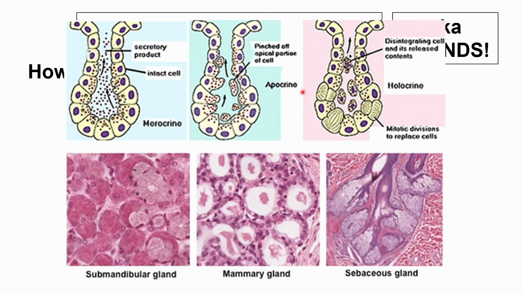While in the apocrine gland, the apical part, the top part of your cell, nearest the lumen, is secreted off together with the secretion. So for apocrine type of glands, you would tend to see pinched off structures. An example of this would be your mammary gland and some apocrine type of secretory units in your sweat glands as well.